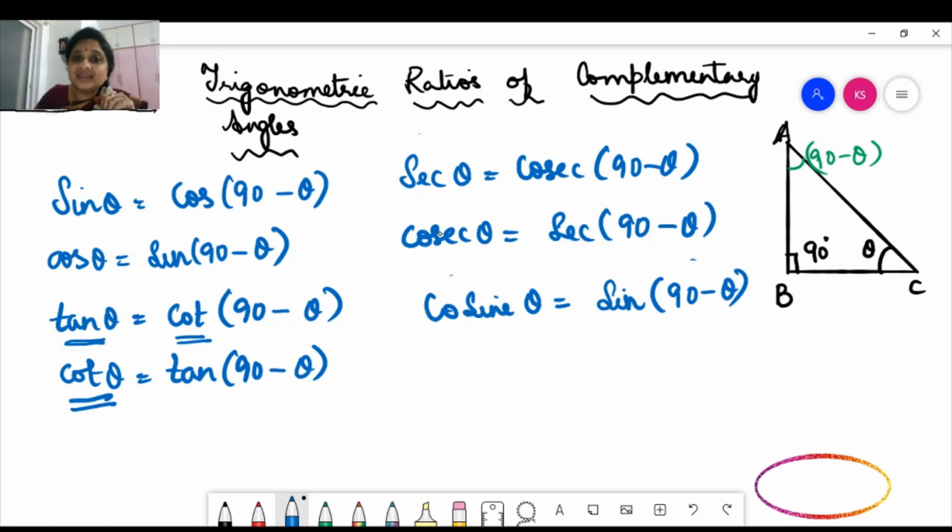Correct? Similarly, if you see, cosecant of an angle theta is equal to secant of its complementary angle. Correct? That is why it's been named this way. So sine and cosine. Okay? And then tan and cotangent. And secant and cosecant are such pairs.